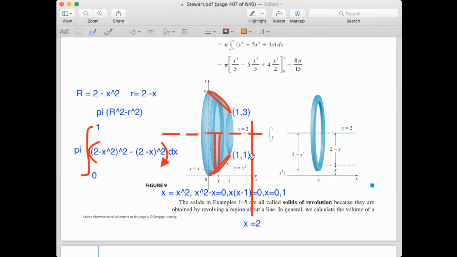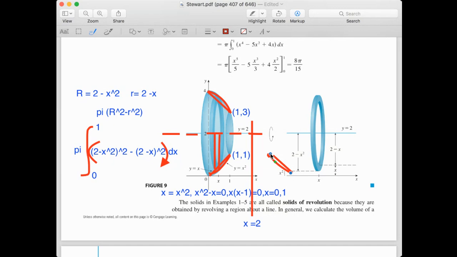We reflect this point to this. Then this piece, we will get a picture like this. Not exact, okay.